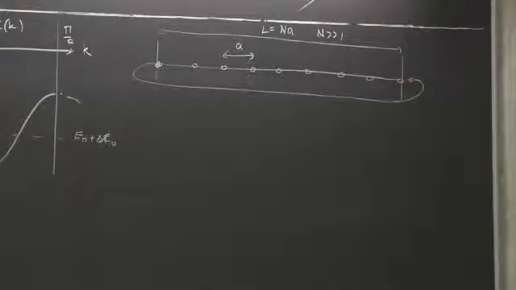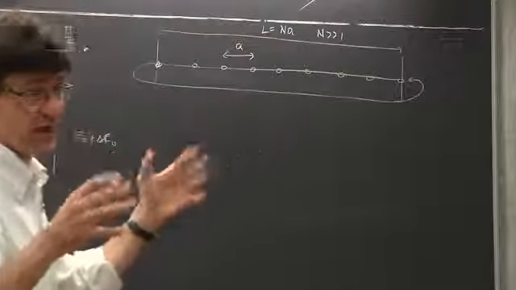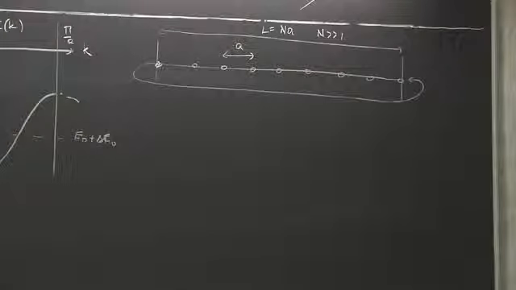Okay? So we're going to impose periodic boundary conditions, fictitious periodic boundary conditions, between the two edges of our very large grain, a very large system. Not an infinite system, but a very large system.